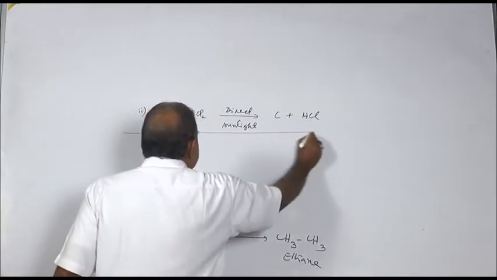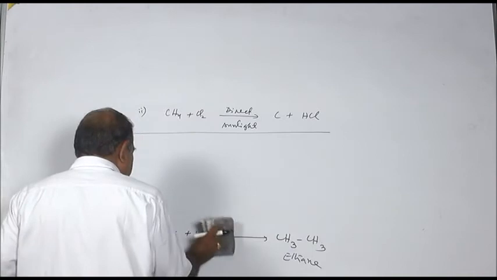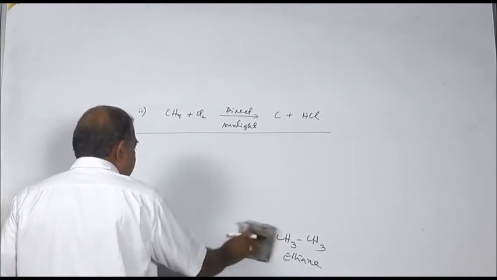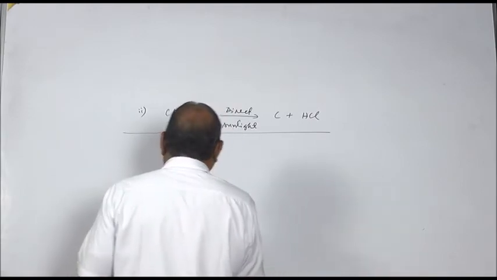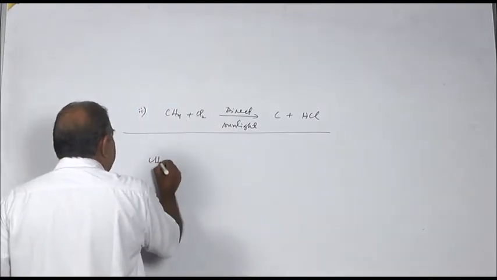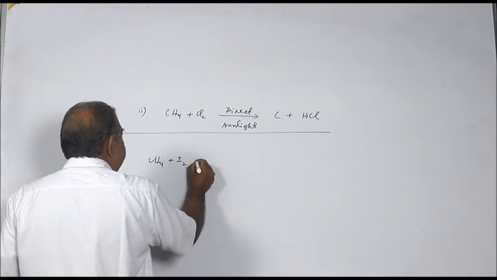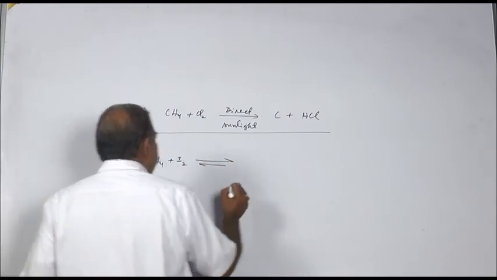Regarding the rate of reaction, fluorine is faster than chlorine, and chlorine is faster than bromine. But when treated with iodine, the reaction is reversible.